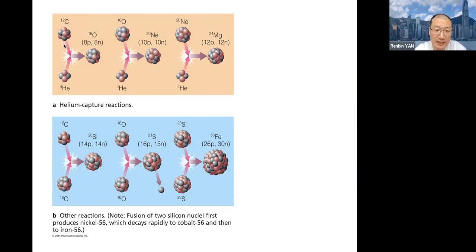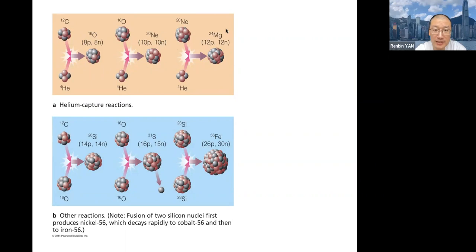And in the center of the carbon core star, it's just that the temperature can reach high enough to fuse the next element. And the next element would be oxygen. That process is carbon combining with helium to form oxygen. And then oxygen can combine with helium to form neon, and neon can combine with helium to form magnesium.